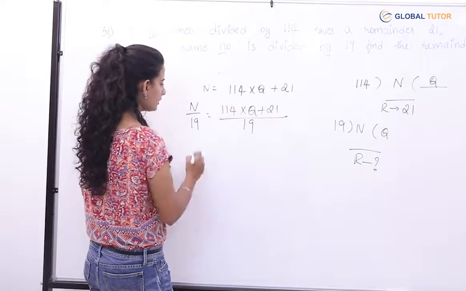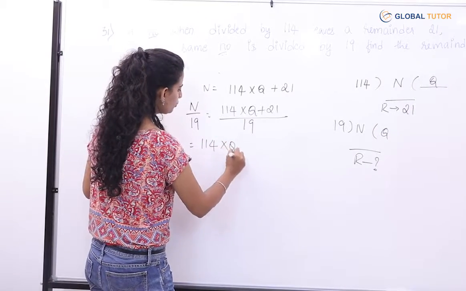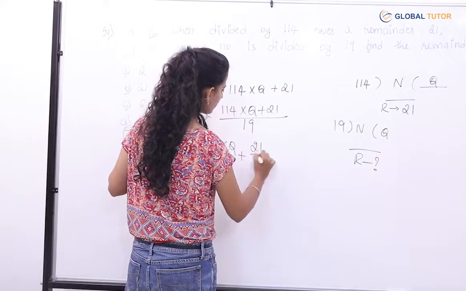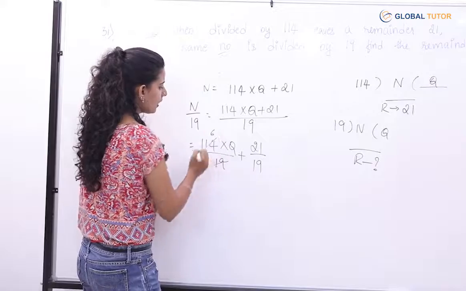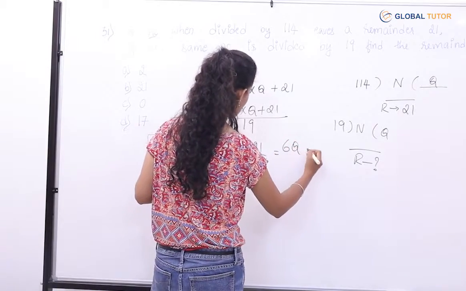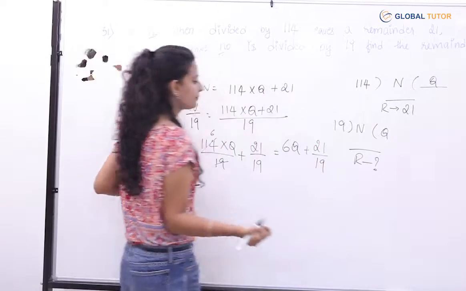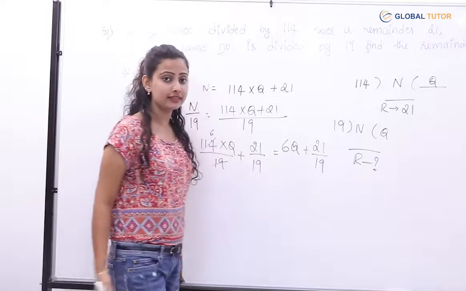This can be written as 114 into q divided by 19 plus 21 divided by 19. Now, 19 6's are 114. So this is 6q plus 21 by 19.